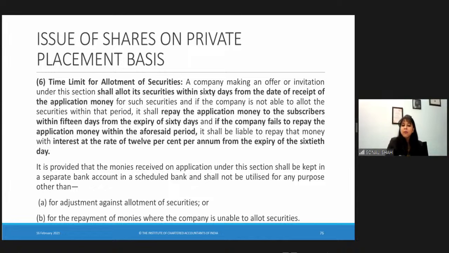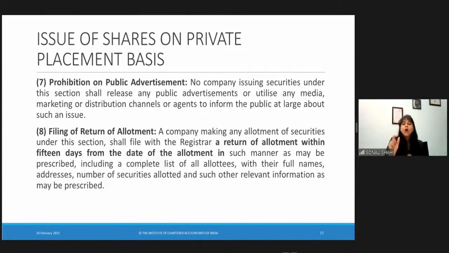So from the expiry of 60 days to 15 days, it will have to refund money. So from the 61st to 75th day is the window. If it does not refund the money within the window of 61 to 75, it will have to pay interest at the rate of 12% per annum from the 61st day. So from the expiry of the 60th day, the company will have to pay interest at the rate of 12% per annum for non-payment of the money.